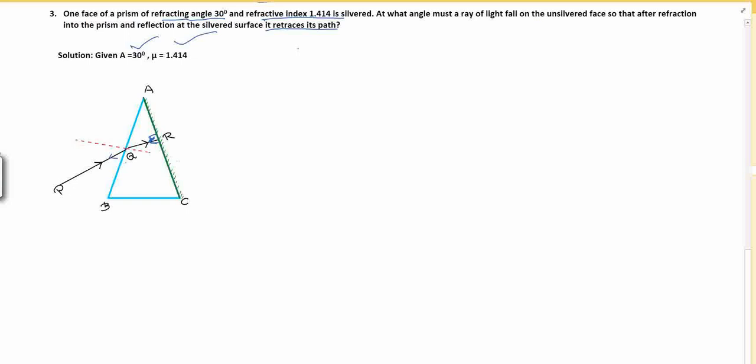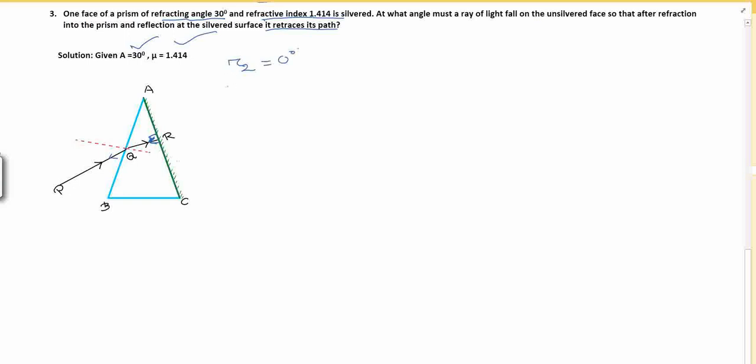As it is normal incidence, for the face AC the angle of incidence is R2, which is equal to 0 degree.